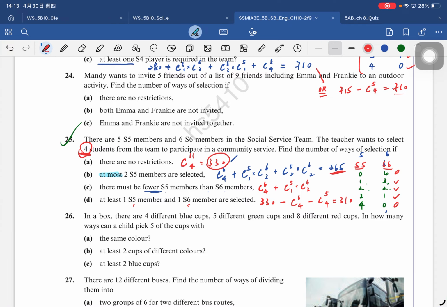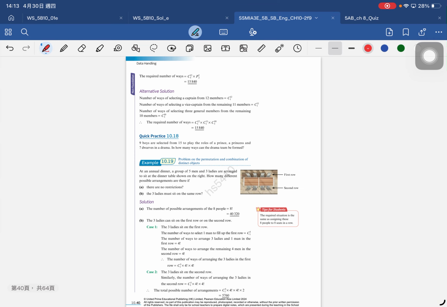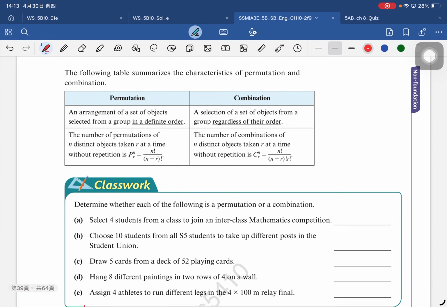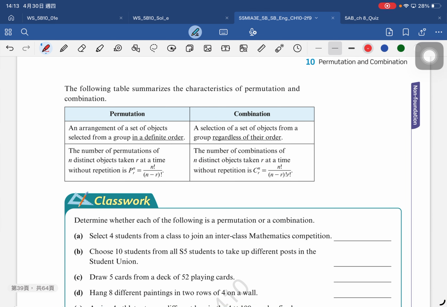Alright, so now at the end, I explain the last example. Back to your textbook, page 39. First of all, you can find on this page some wording we may use. You can identify whether this is permutation or combination. Remember, permutation means considering order. This is the order's arrangement. Even those you have selected, you should rearrange them in order. But this one has no order.